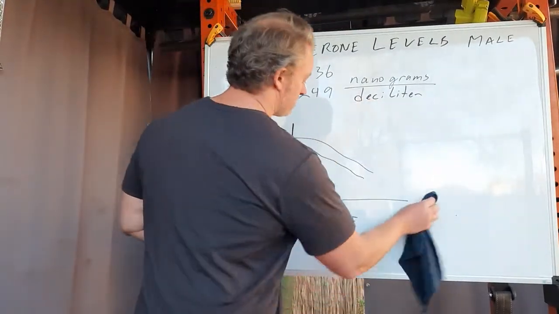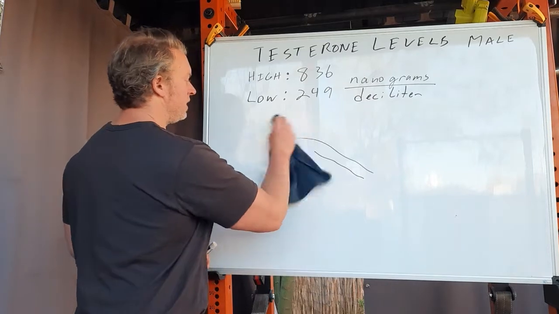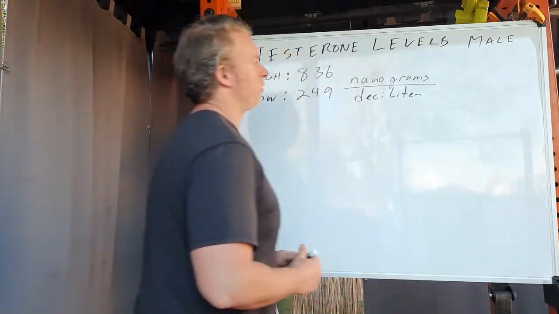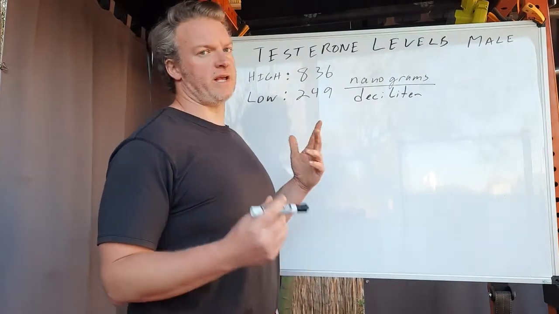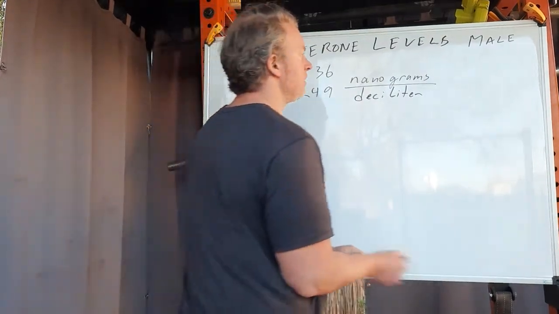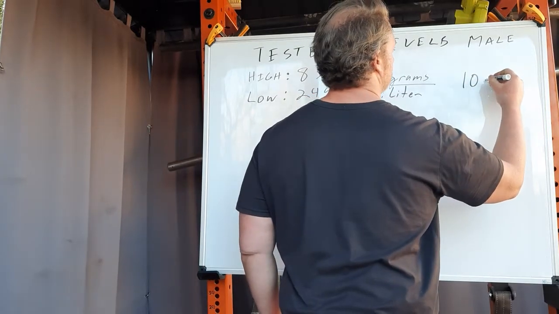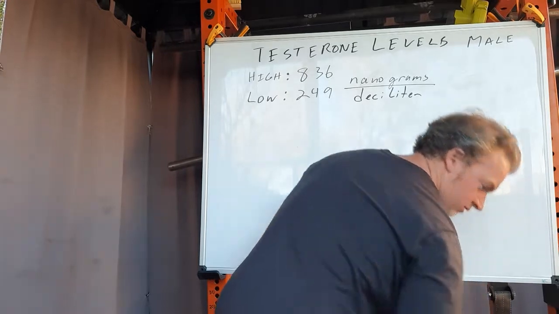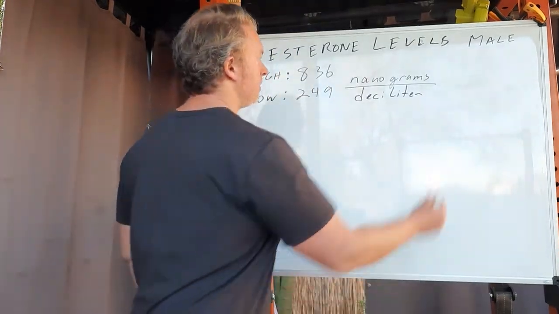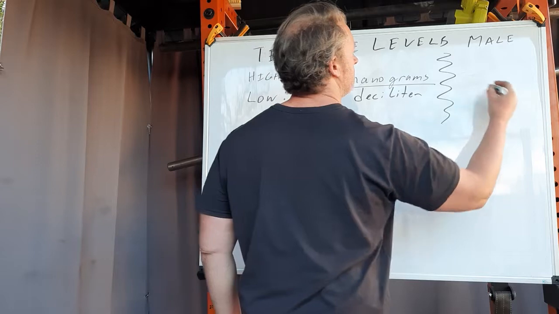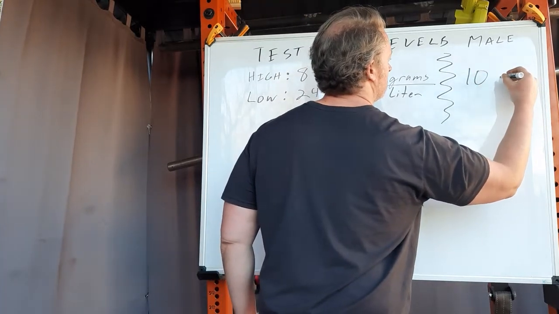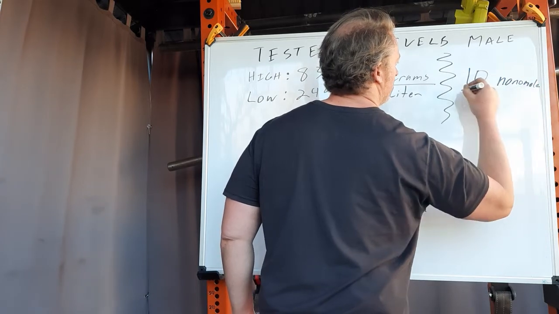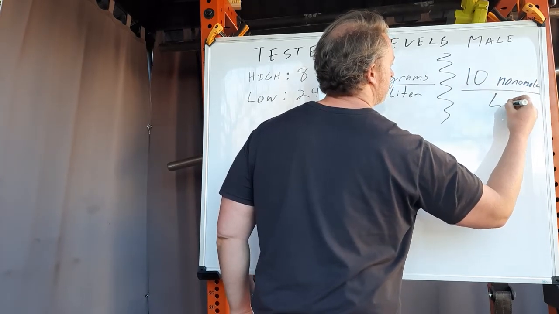Let's look at these units. Nanograms per deciliter. Let's consider that organizations have said that 10 nanomoles per liter or lower, let me put a divider here, that's nanomoles per liter.